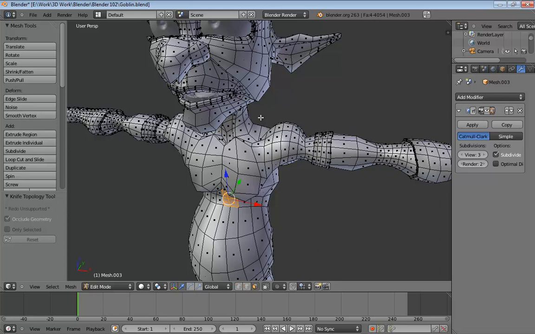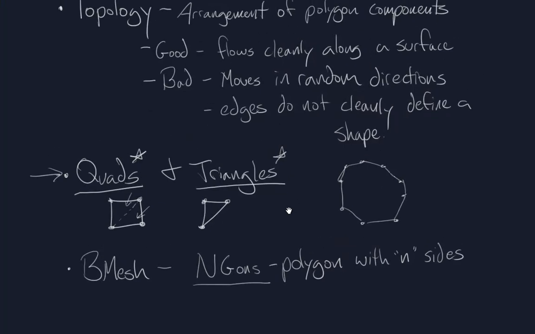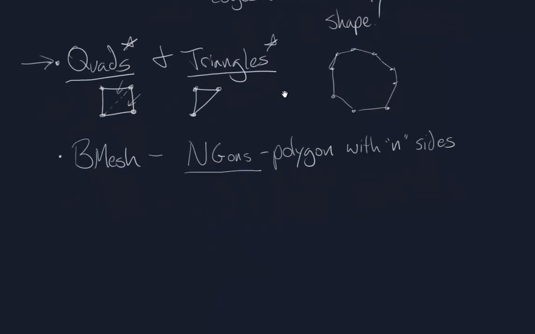Okay, so the next thing that I want to do is talk a little bit about not just topology, but make a quick note about geometry in general. When you hear people say the geometry here is good or the geometry here is bad, what do folks generally mean when they say that?